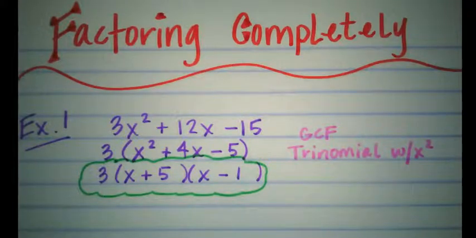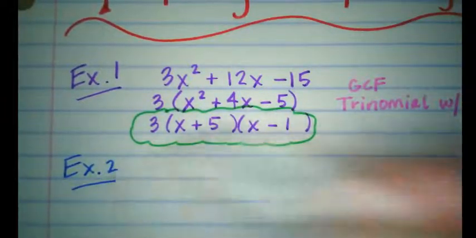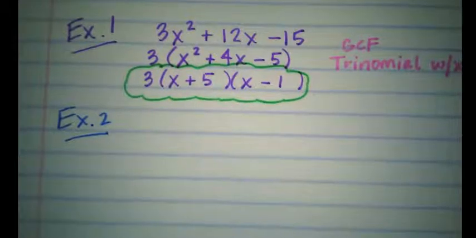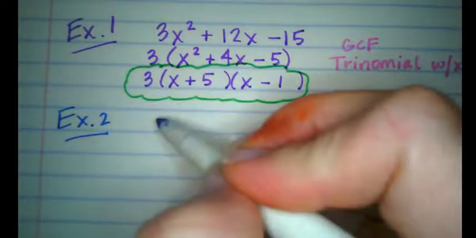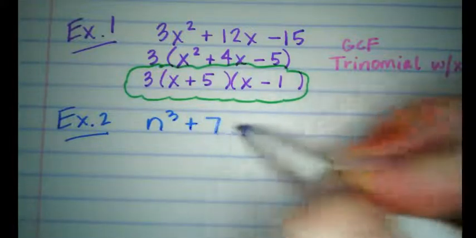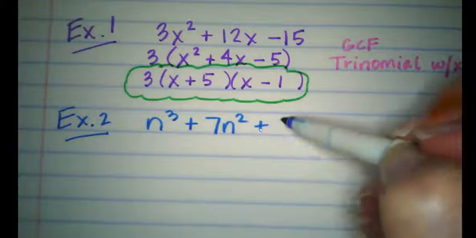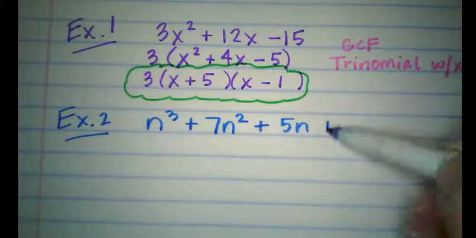All right. Next, let's try example 2. Let's see, n to the 3rd plus 7n squared plus 5n plus 35.